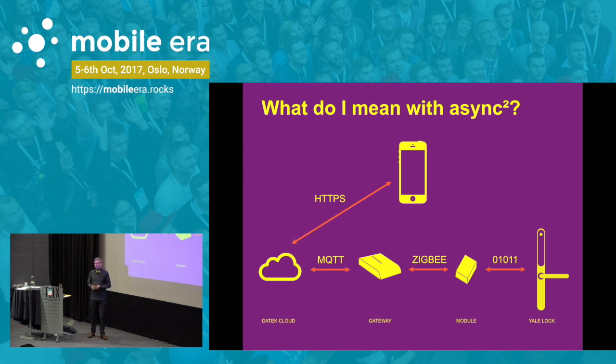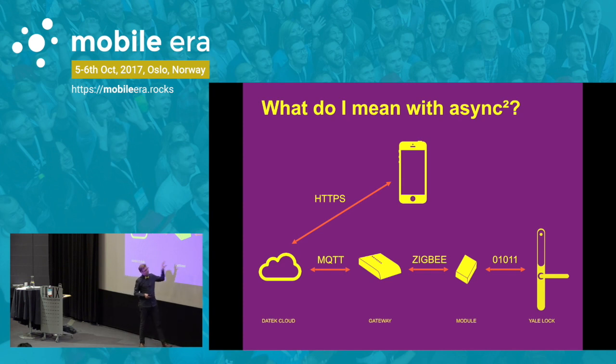But it's not that easy when you're dealing with real hardware, because we do a request to the cloud, and that cloud then has to connect to a device in your home that is the hub of all the IoT devices in your home, which our company in Lillestrøm, named Datek, is making. It's really cool. We call it a gateway, and it connects to the devices in your home with a Zigbee protocol, which is wireless connectivity.